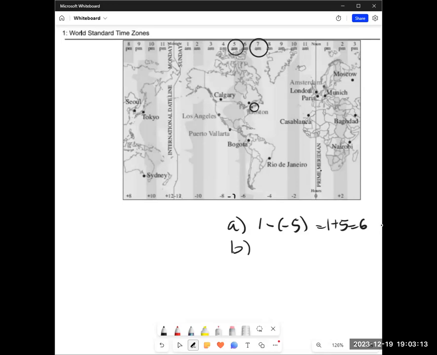So -5 and -7. So -5 minus a -7 is -5 plus 7. It's going to be a +2, and that makes sense. Look at that. 1, 2 is the difference.